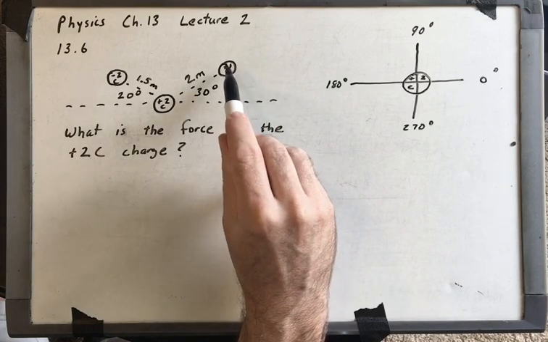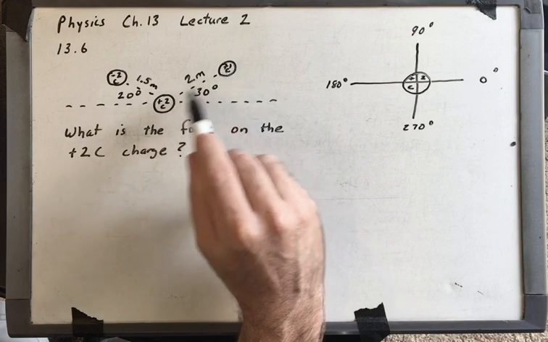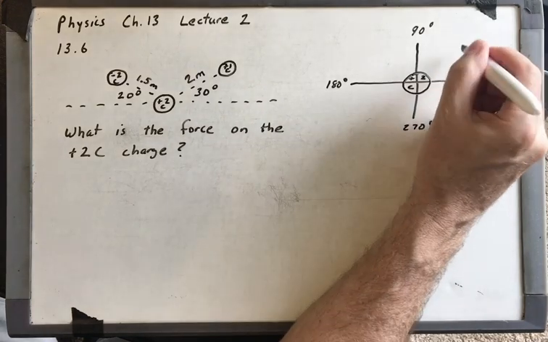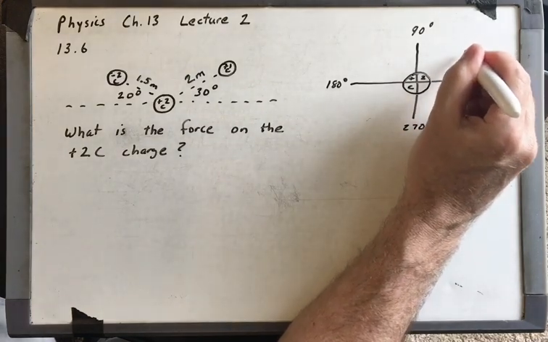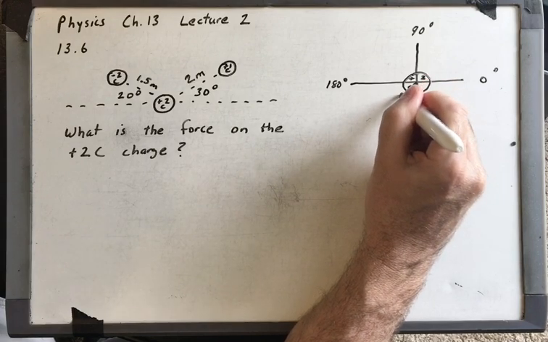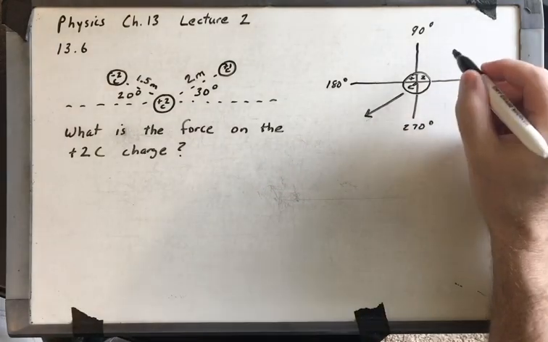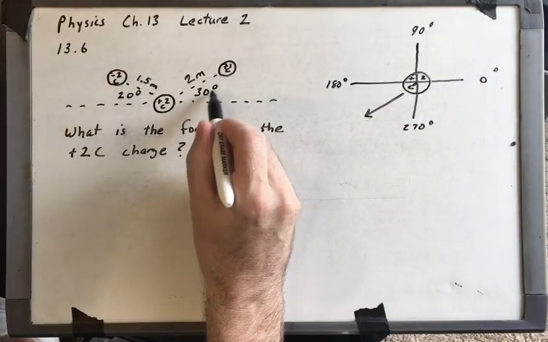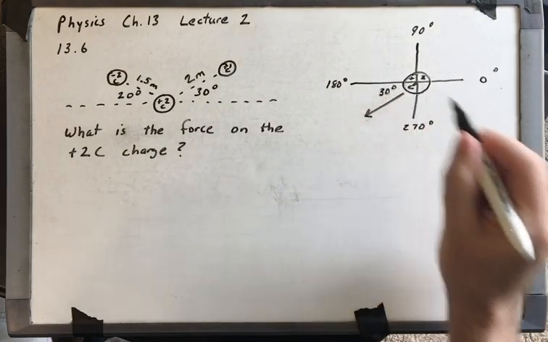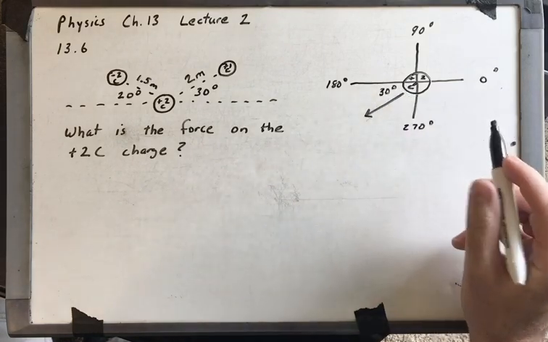So this plus 1 Coulomb charge is going to repel the plus 2 Coulomb charge. It's up here, and it's going to push that plus 2 Coulomb charge this way. It's 30 degrees with the horizontal there, so this would be 30 degrees. So that vector is 30 degrees below the x-axis.